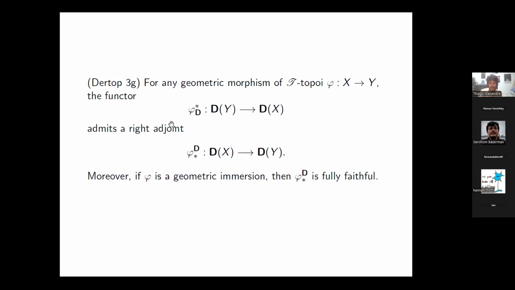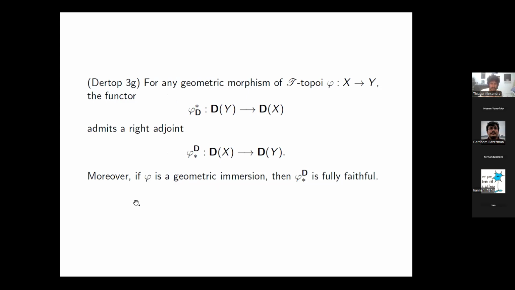But there is an important thing here: the third axiom asserts the existence of the right adjoint, the direct homological image, with respect to phi star, for any geometric morphism.